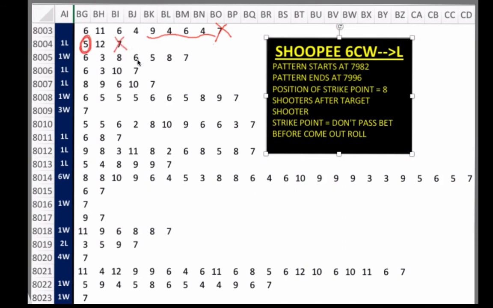The 6 repeated itself, so we're going to label this as 2 losses. This right here, this 12, since it's midway through the roll, I'm going to label that as 1 loss. This 3 is actually 1 loss.